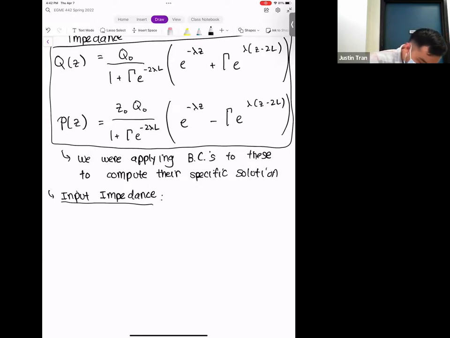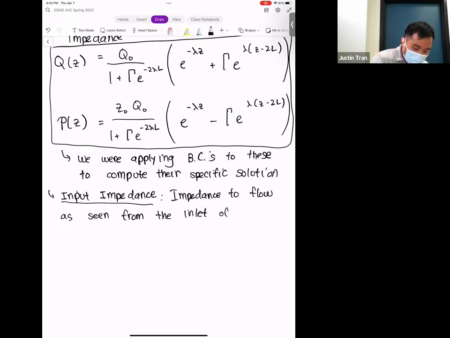One way that you can define it is as the impedance to flow as seen from the inlet of a vessel.